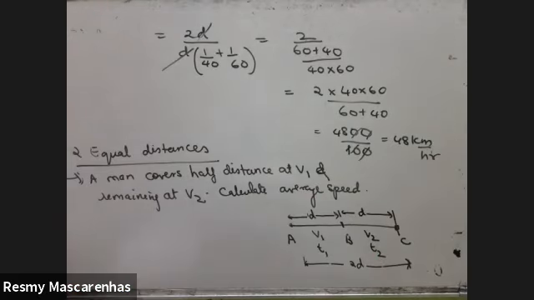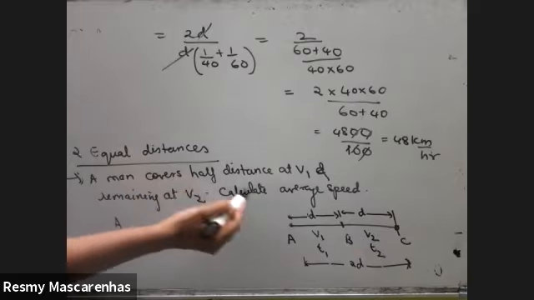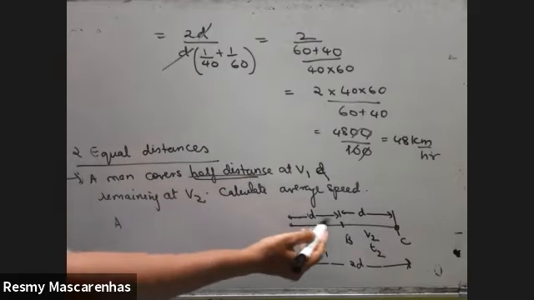What all do you need in the problems? d, v and t. Distance, speed and time. So in the diagram, you mention all these three things: distance, speed and time. So let us calculate the average velocity. So the main idea was, whenever there's half distance, you draw a diagram like this.